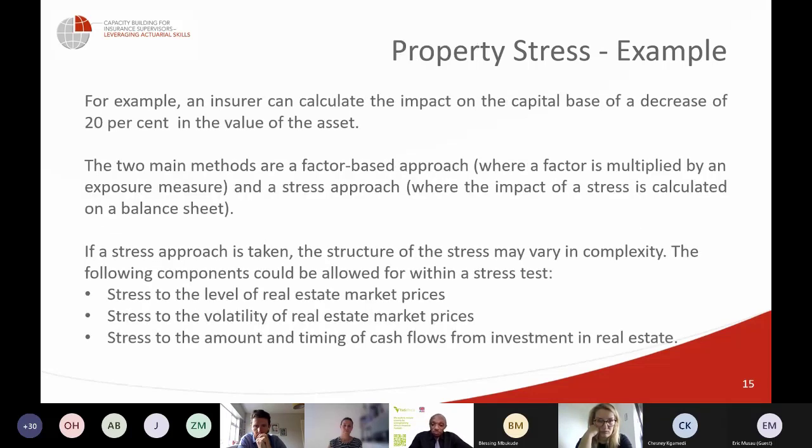Property, I know here in various jurisdictions, you are taking it as a factor, and that is an easy way of looking at it.